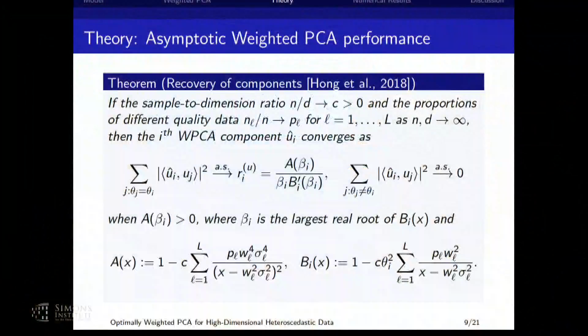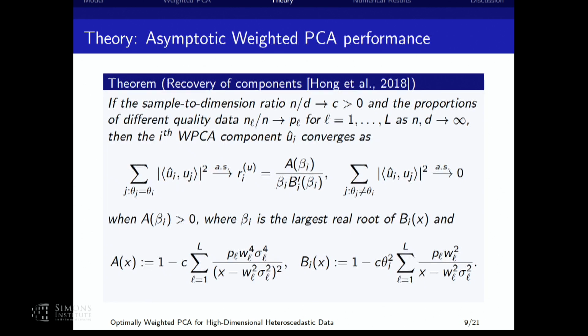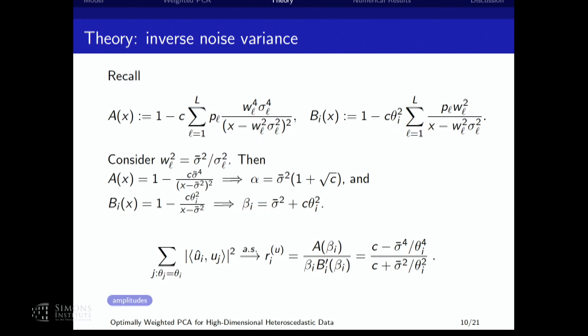Okay, so let's look at an example of this theorem. In particular, when we use inverse noise variance as our weights. So you'll notice here I just have some weights, so I'm weighting each group by W. Those weights can be chosen however you like so far, and this analysis will hold. So I'm going to choose that W to be 1 over sigma squared.